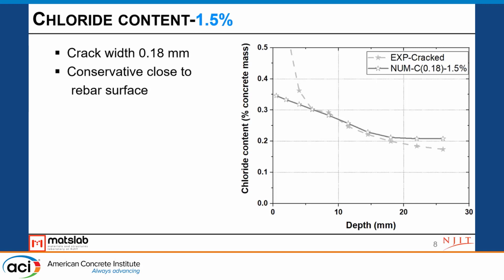But our concern is really about the chloride contents close to the steel surface. For example, we see here up to 26 millimeter, where the rebar is located, we have a pretty close chloride prediction to what we get in the test, and it is also conservative.